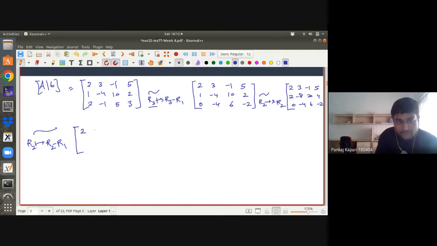Then what we'll have: this will become 0. So minus 8 minus 3 is minus 11. 20 minus minus 1 becomes plus, so it's 21. And 4 minus 5 is minus 1. 0, minus 4, 6, minus 2.